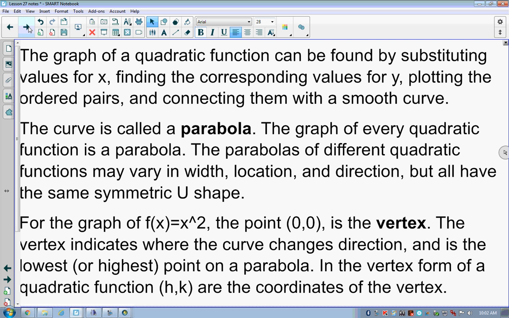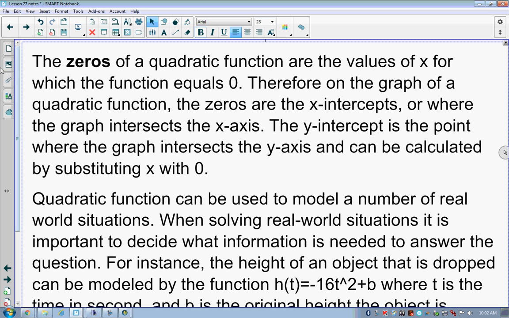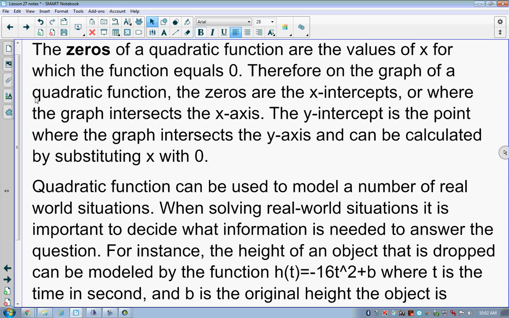In the vertex form of a quadratic function, h, k are the coordinates of the vertex. I've already kind of told you that. Then we get into the zeros. There's a lot of reading here, but hopefully it's not too complex. Zeros are where we cross axes. The zeros of a quadratic function are the values for x for which the function equals 0.